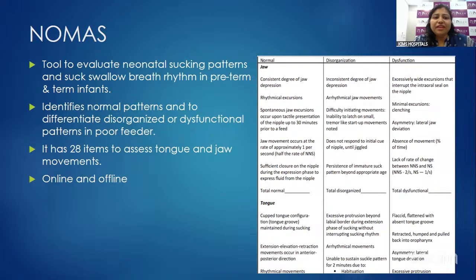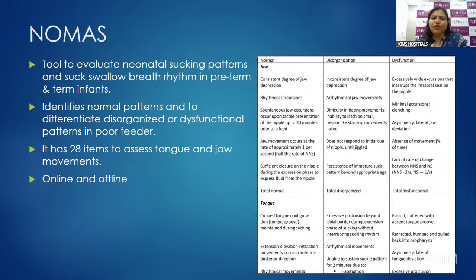It identifies the normal pattern and differentiates disorganized or dysfunctional patterns in a poor feeder. It has 28 items to assess the tongue and the jaw movement. So basically, you are observing the child and how the child's tongue and jaw move.